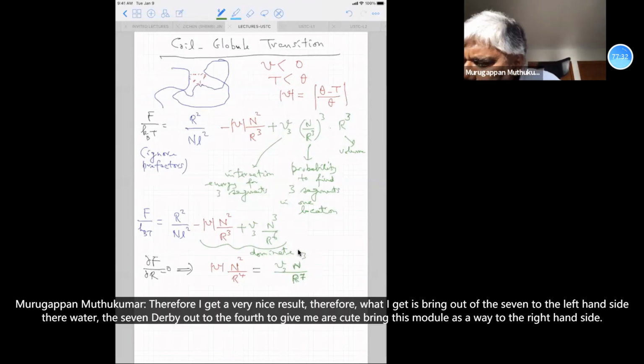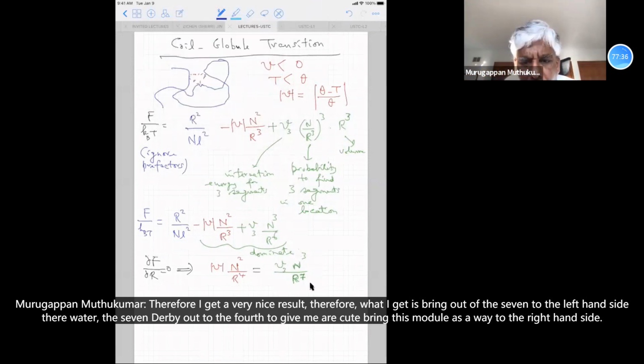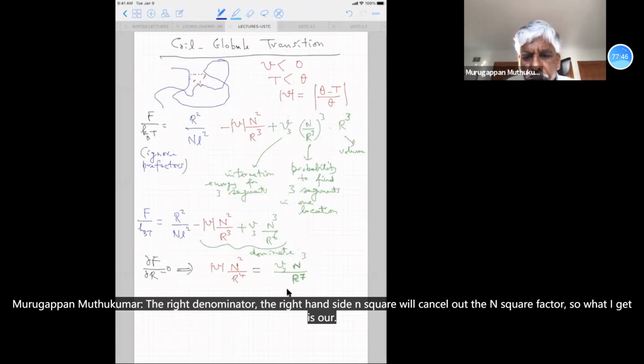Therefore, I get a very nice result. Bring r to the 7 to the left-hand side. r to the 7 divided by r to the 4 will give me r cubed. Bring this modulus of V to the denominator of the right-hand side. The n squared will cancel out the n squared factor.